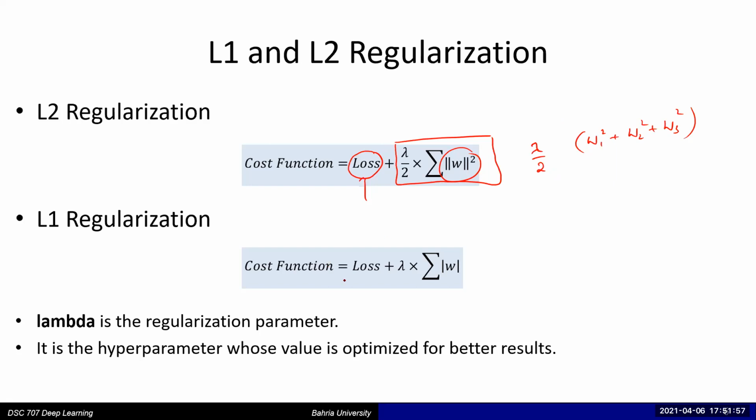If you talk of L1 regularization, it's very similar, but the only difference is that instead of squaring the weights and adding them, you add the absolute values of all the weights. So if you have 3 weights, for example W1, W2, W3, with L1 regularization this is the term multiplied by lambda, which is a regularization parameter that you will add to your loss function.